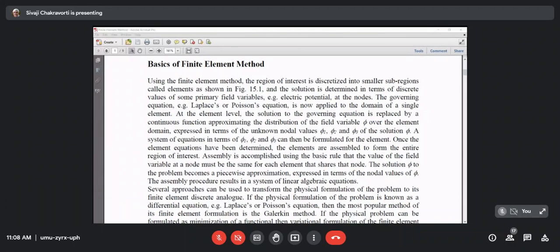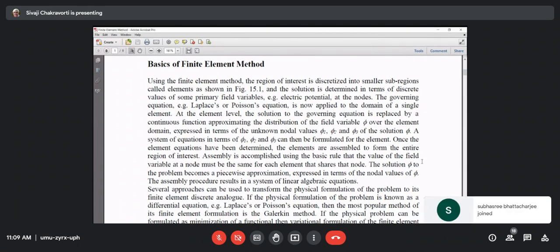So in this case, that's not the way we subdivide. What we do is the entire region is subdivided into smaller sub-regions. There is a small difference here.